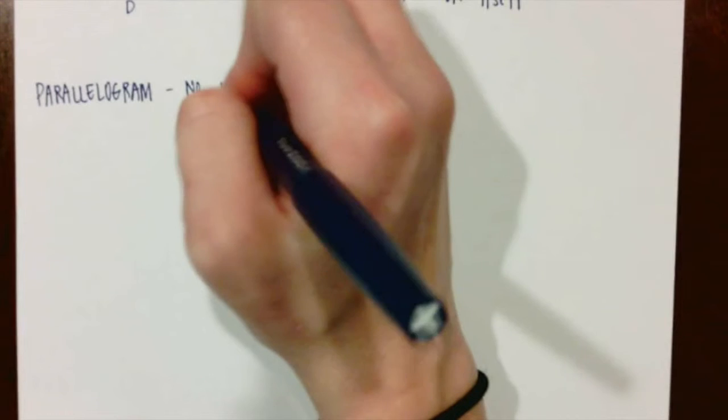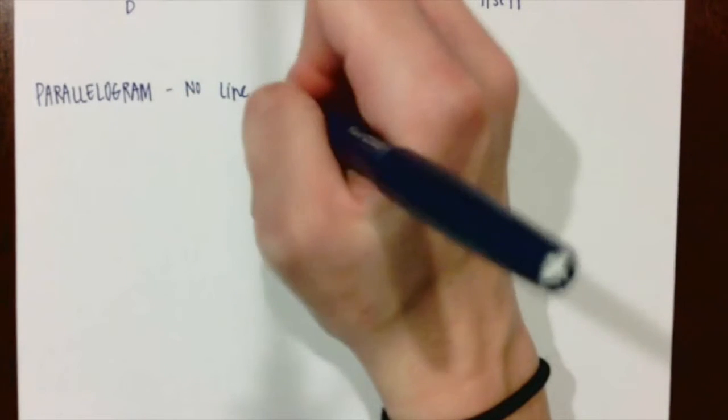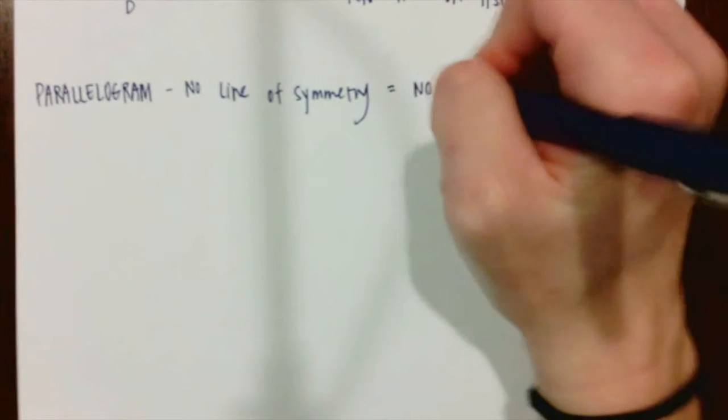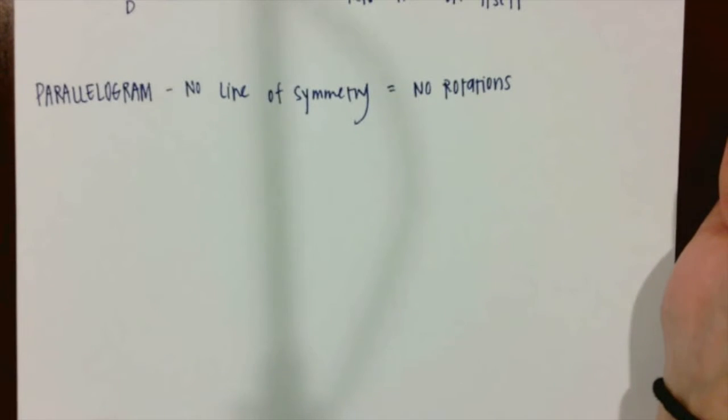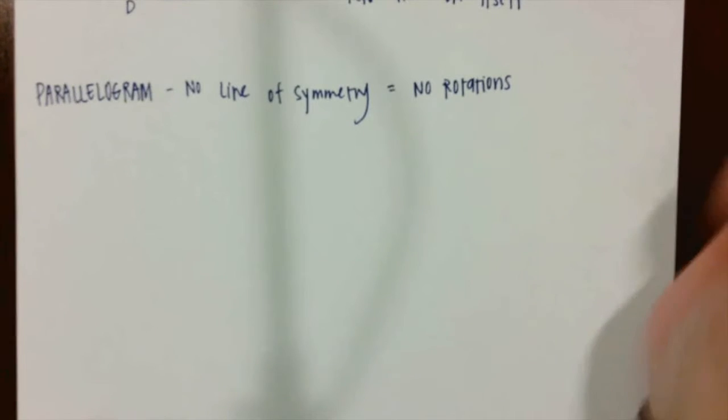A parallelogram without an angle of 90 degrees has no line of symmetry. That means we have no possible rotations. The only thing we can do is flip a parallelogram.